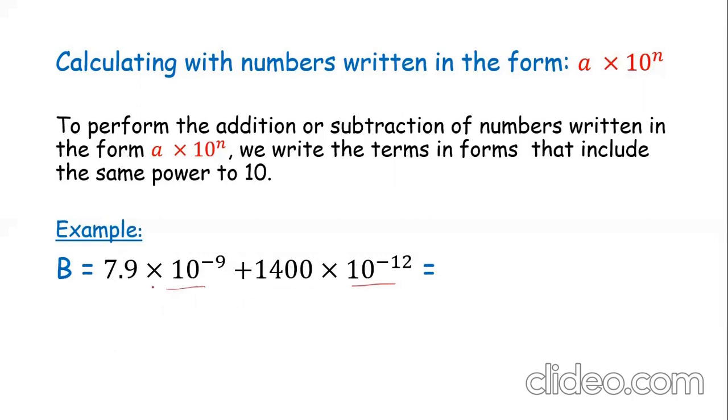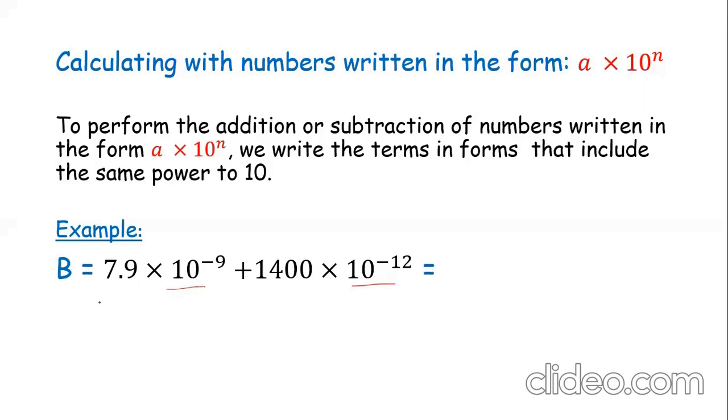So what we can do is write this 10 to the power of minus 12 as 10 to the power of minus 9 multiplied by 10 to the power of minus 3.